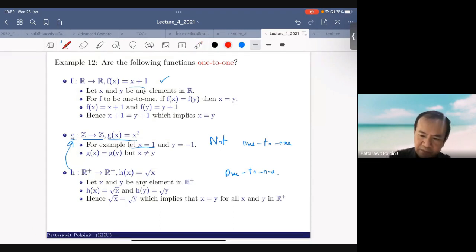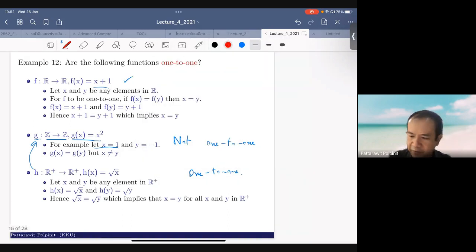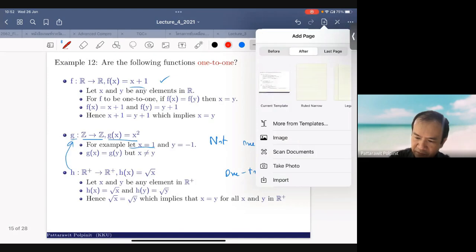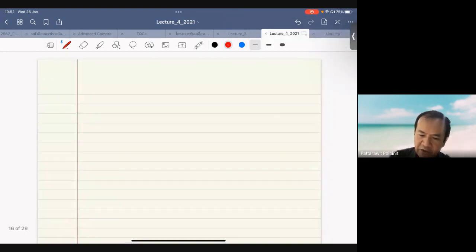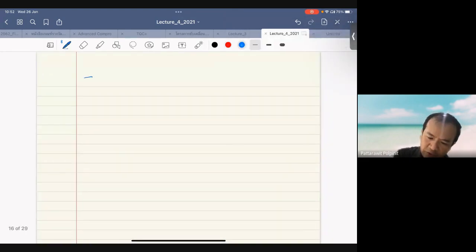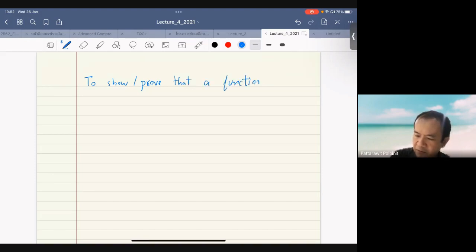Let me just add a page. When we want to prove that a function f is one-to-one, we have two choices.